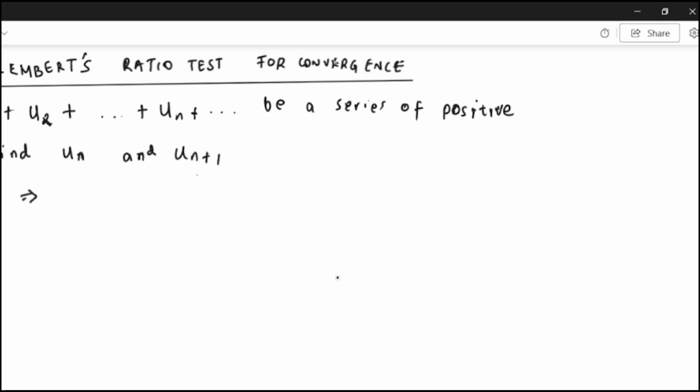Now your next step, you're going to get your ratio un plus 1 over un. And what does this mean?